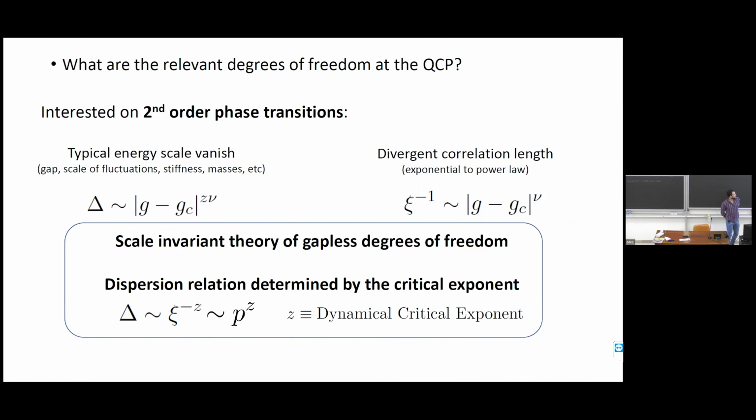So putting it all together, in general, for this sort of critical points, the effective theory describing the dynamics is a scale invariant theory of some gapless degrees of freedom. In particular, the dispersion that these gapless degrees of freedom satisfy is given by this universal dynamical critical exponent z, which will play a prominent role along this talk.